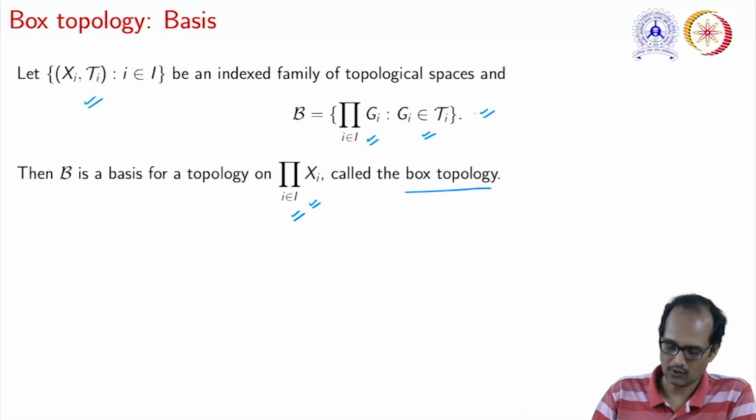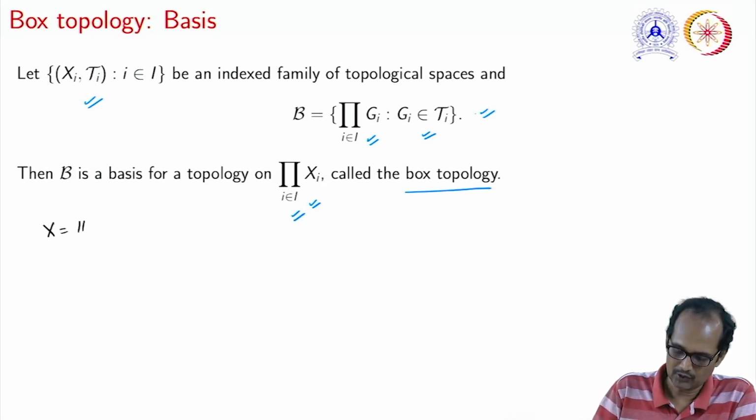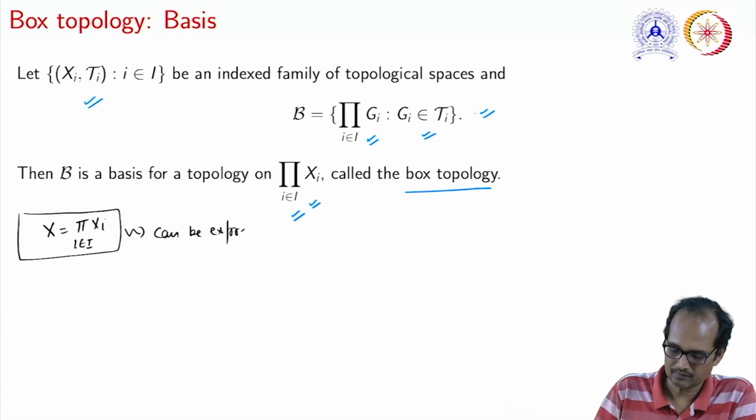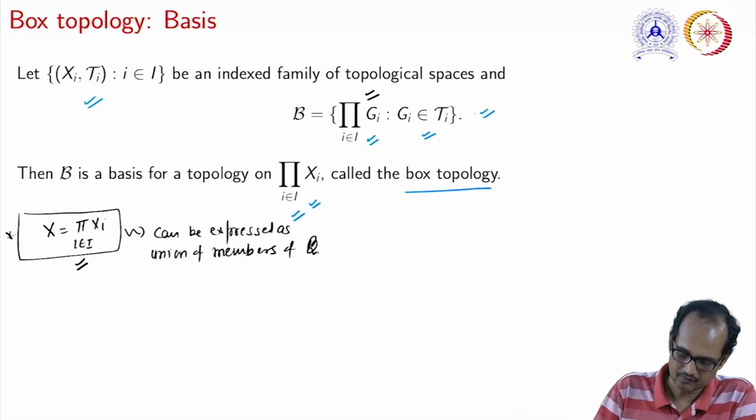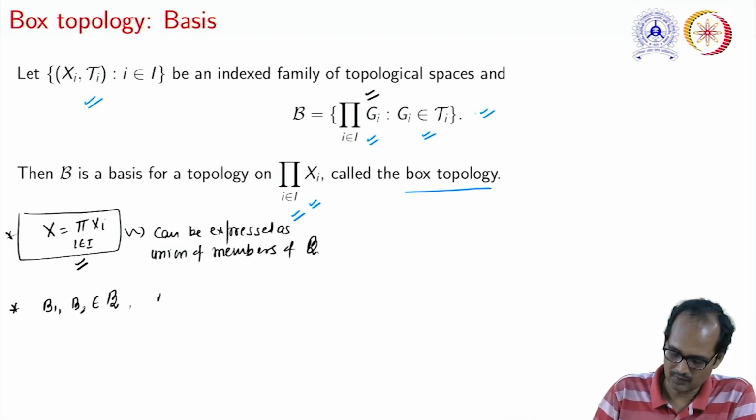The answer is yes, because if we are taking X as the product of these sets Xi, i belongs to I, then note that this X can be expressed as a union of members of this B, because this set itself is a member of this B. Also, if we are taking two members from this B, let us take B1 and B2 belonging to B. Then how will B1 and B2 look?